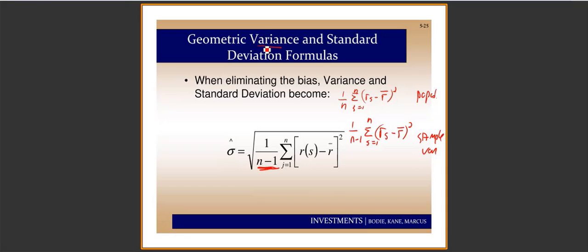I don't want you to worry about it. If I wanted you to use the population, I'd tell you that. If I want you to use the sample, I'd tell you that. But the only difference between the formulas is that the population uses n, and the sample uses n minus 1. So like I said, it's really not a big ticket item.